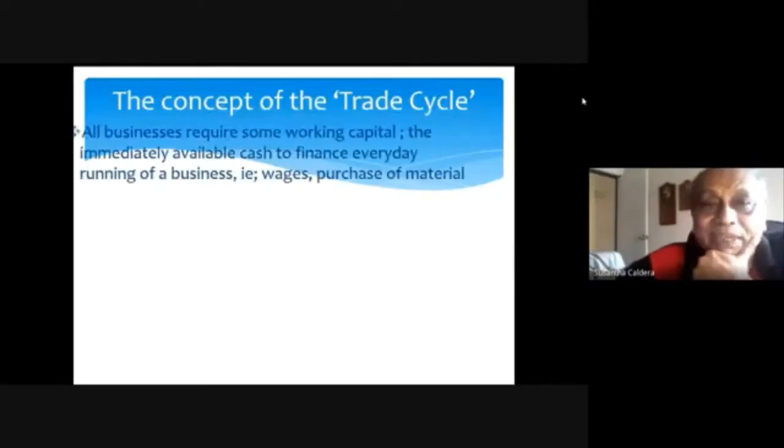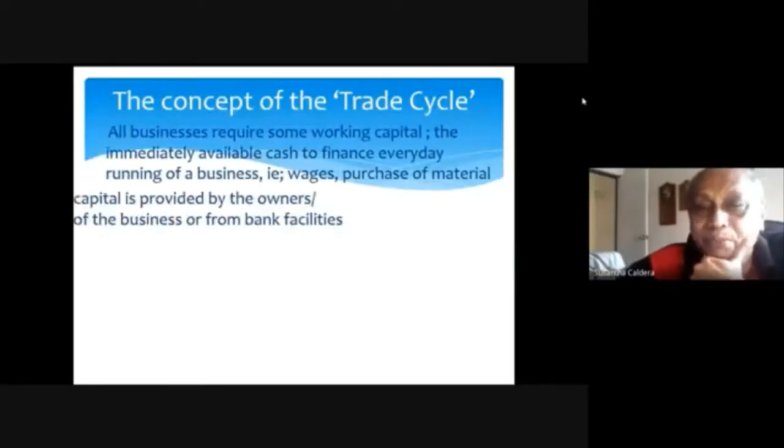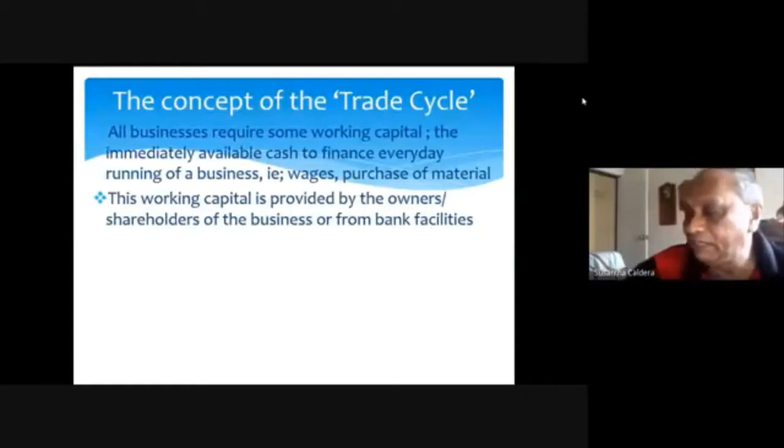Then the concept of trade cycle. This is very, very important, especially if a customer is coming to you to have trade finance facilities. One main thing we always forget is to check the trade cycle. When you check the trade cycle, everything is finished within 3 months.